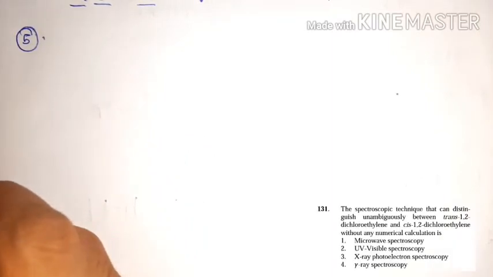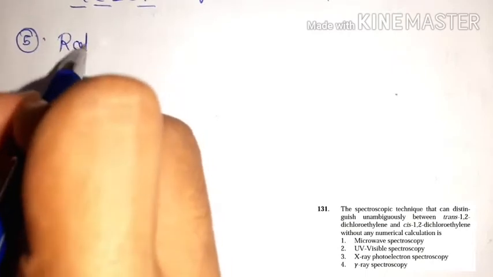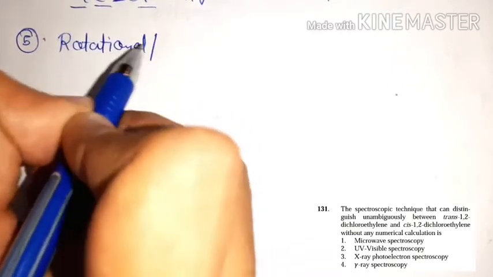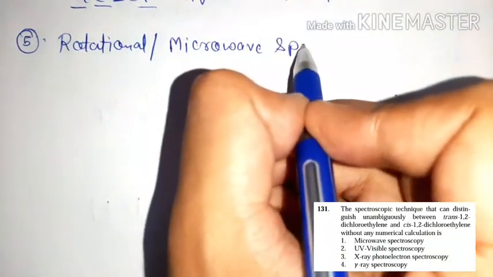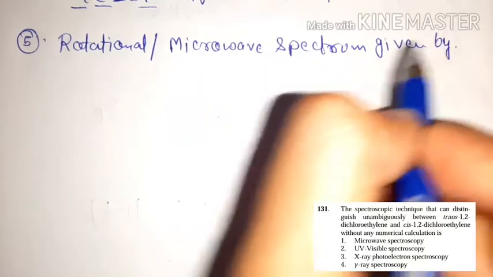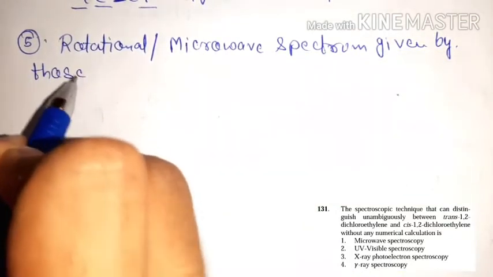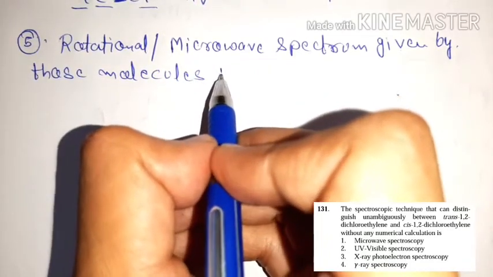So friends, when we talk about rotational spectroscopy, or the other name, microwave spectroscopy, we say that the rotational or microwave spectrum is given by those molecules which have a permanent dipole moment.